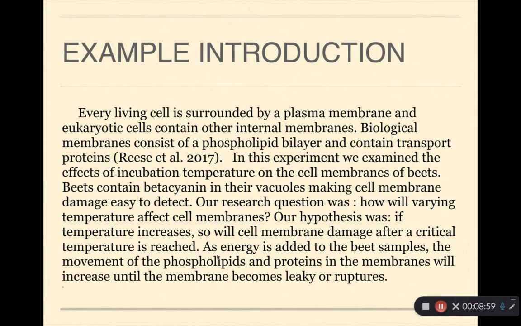As energy is added to the beet samples, the movement of the phospholipids and proteins in their membranes will increase until the membrane becomes leaky or ruptures. And again, if you need to pause that, read this carefully. This is a really nice, concise introduction and contains all of the components I talked about in the previous slide.